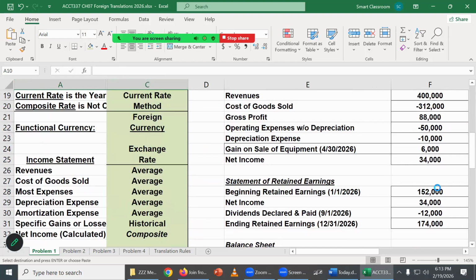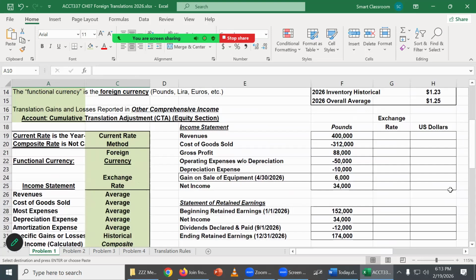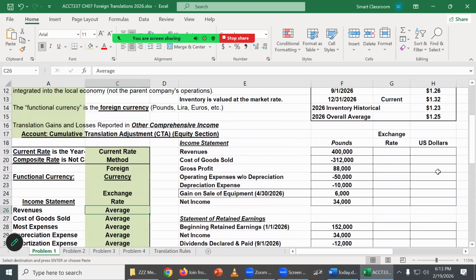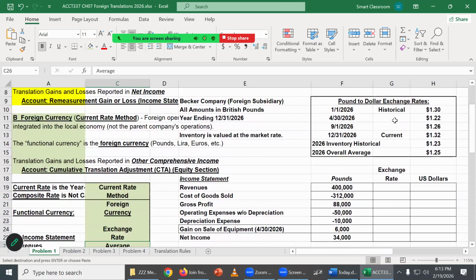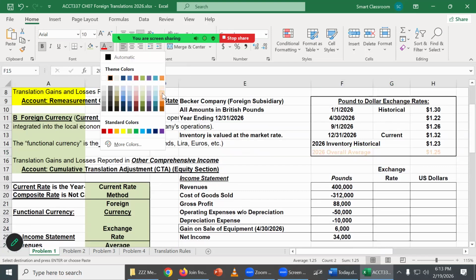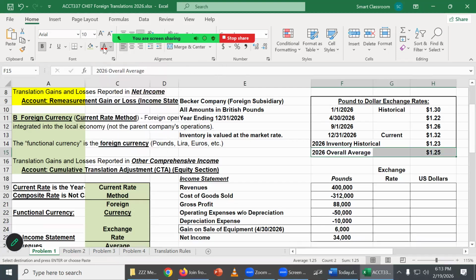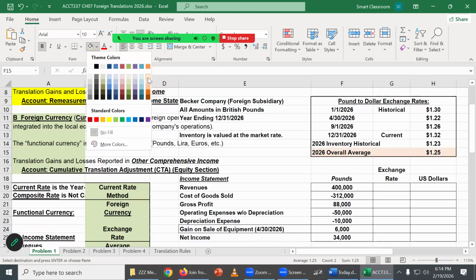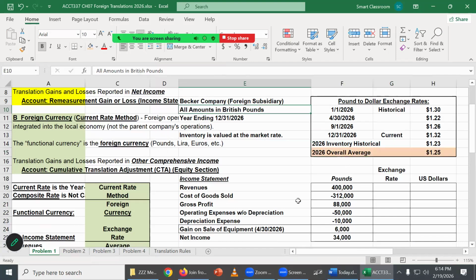It's kind of there. Okay, so here is the current method. So revenues, we're going to use the average. So we're going to come up here and find the average. It's this one. We'll make that orange.